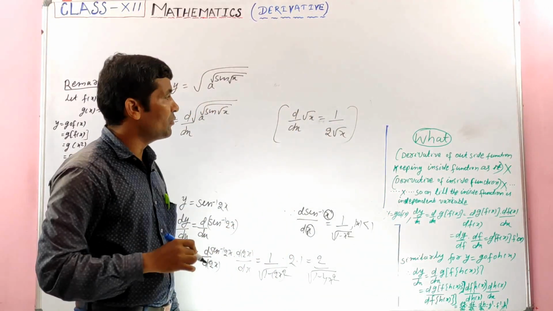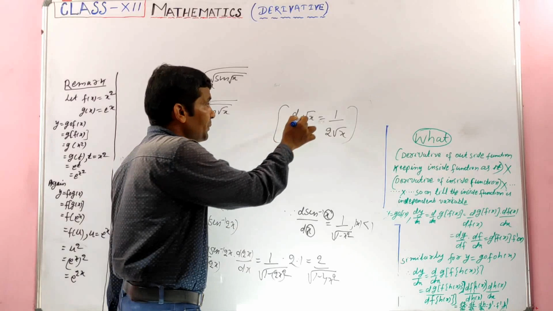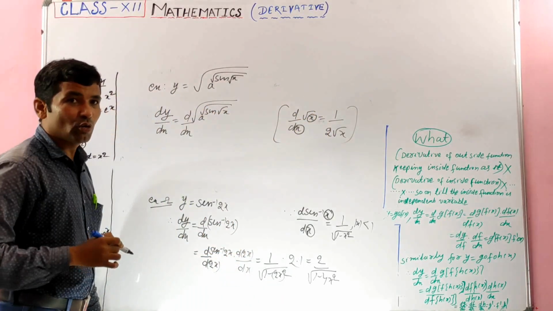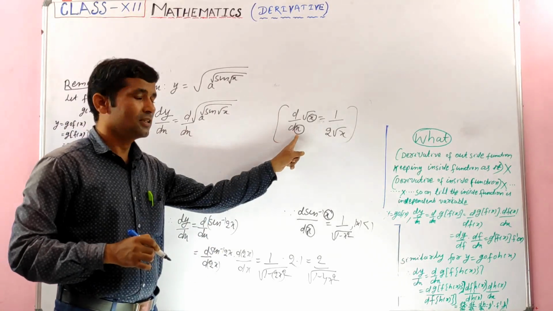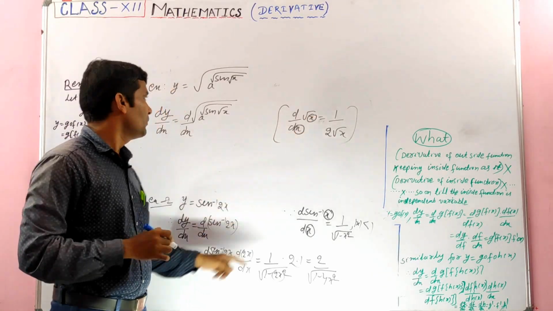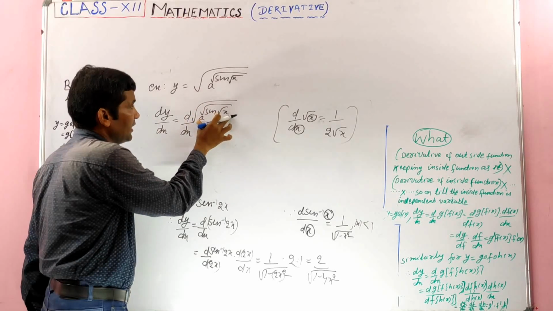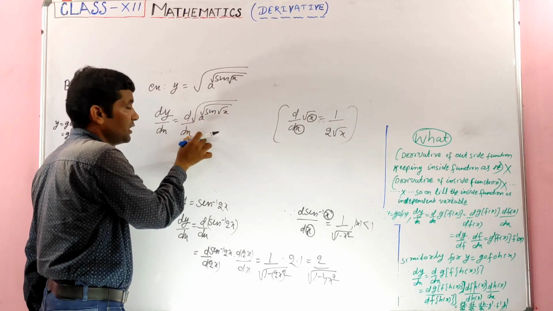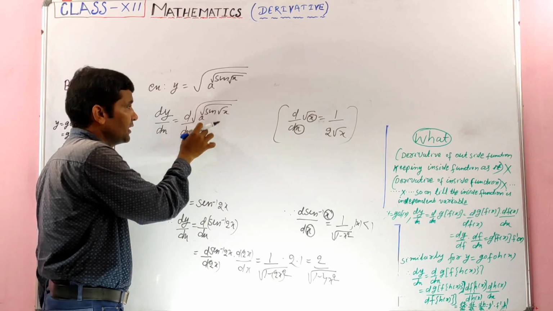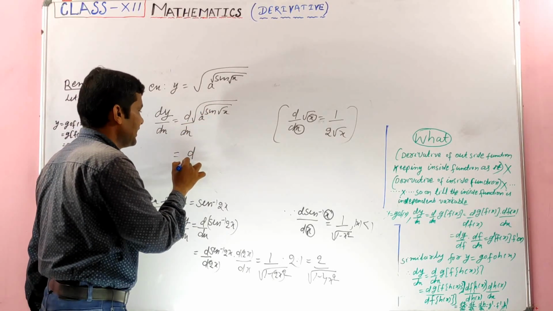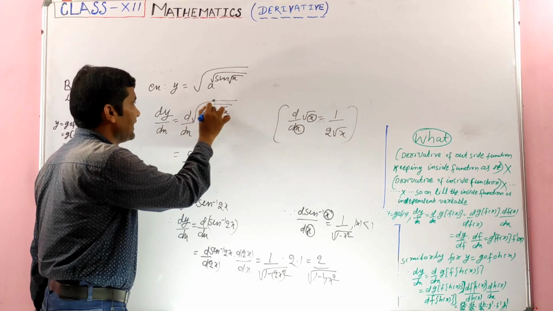This formula says 1 by 2 root x when the inside of the root and the independent variable are the same. But here, inside the root is this much, but the independent variable is only x. They are not the same. Therefore, we have to adjust.